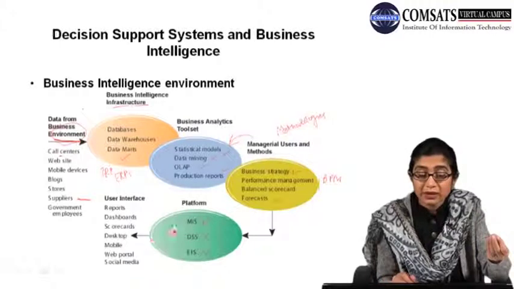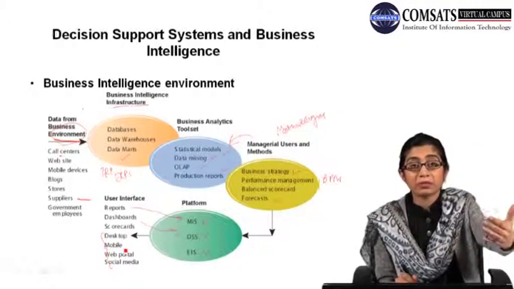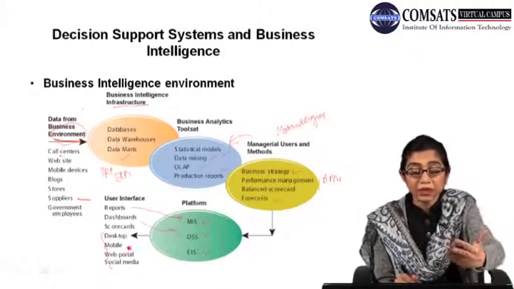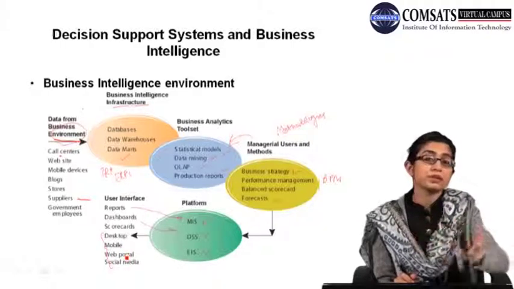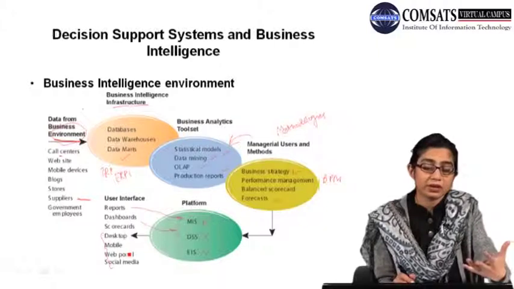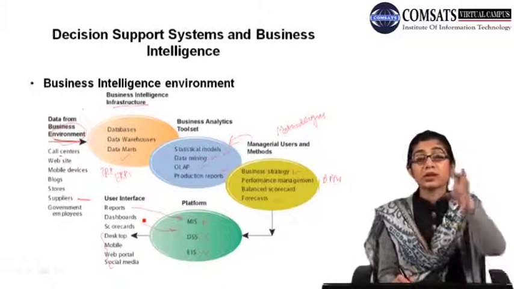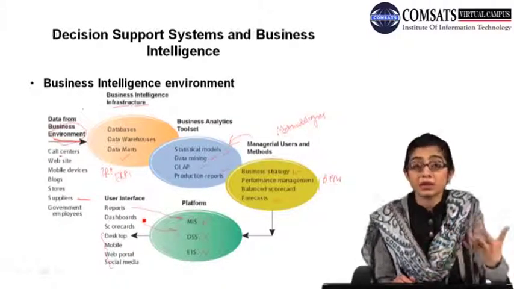Again, that data is displayed to the users in the form of reports when it comes to MIS, or dashboards or scorecards when it comes to the DSS, on the desktop, on mobile screens, web portals, social media, or any technique used as a user interface.